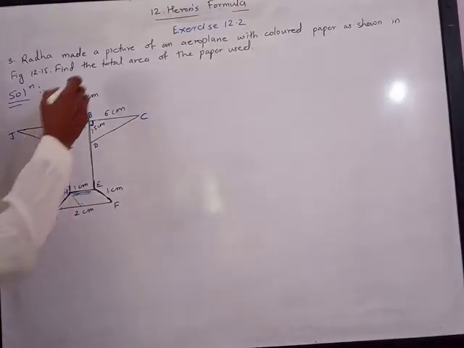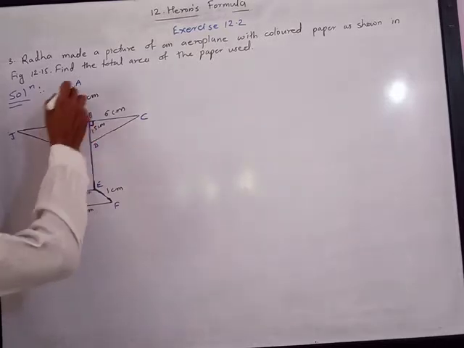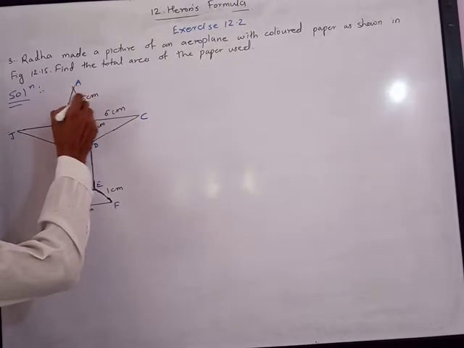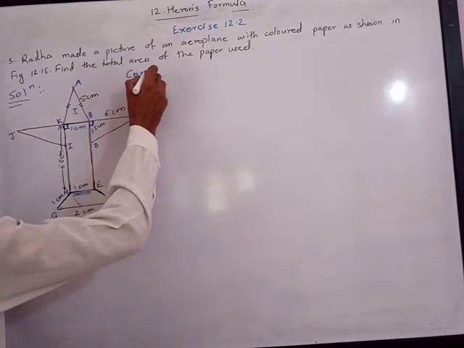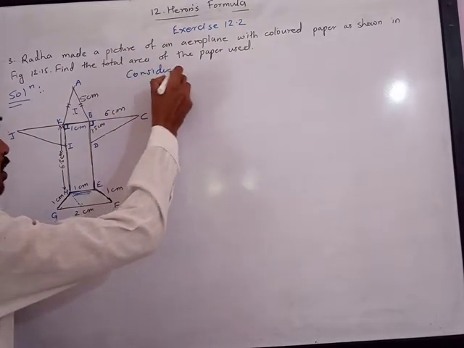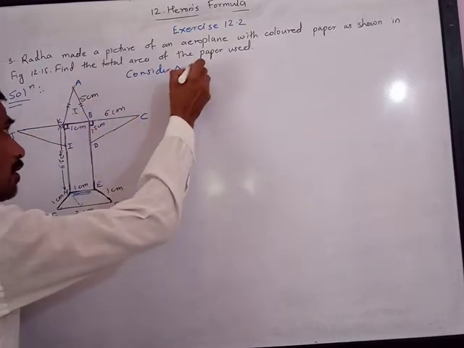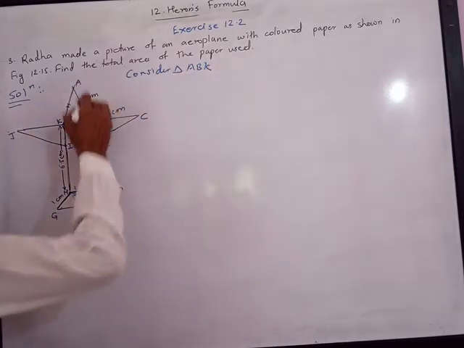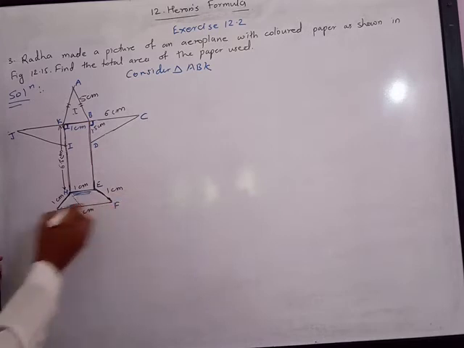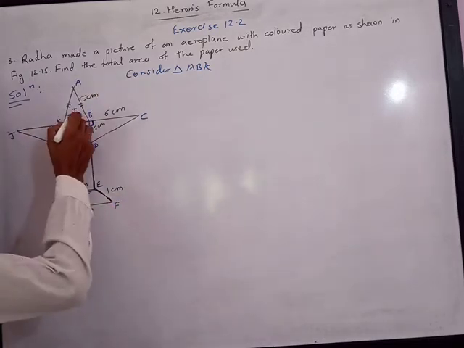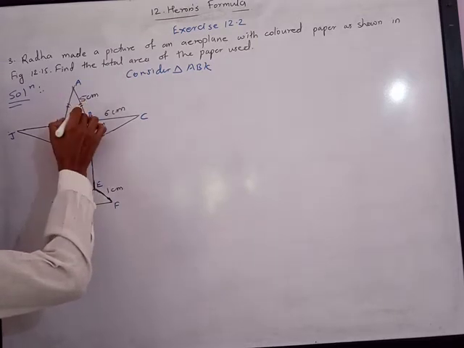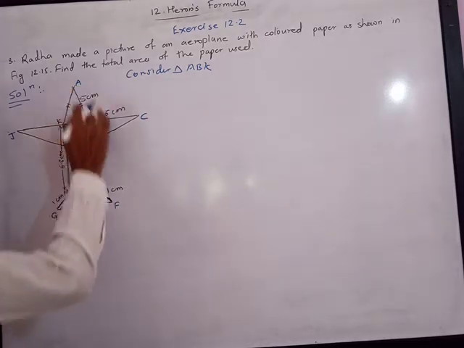So let us find the area of this first figure, the first triangle. Now we are going to consider this as an isosceles triangle. Consider triangle ABK. I have given the names to the figure A, B, C, D, E, F, G, H, I, J, K. So the first part we are going to consider is triangle ABK.